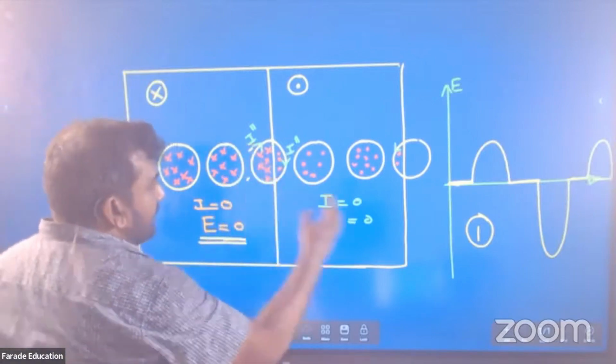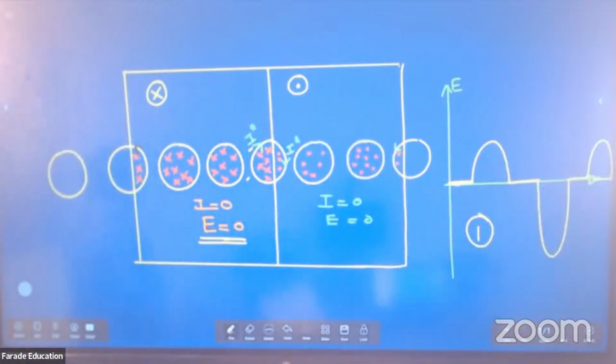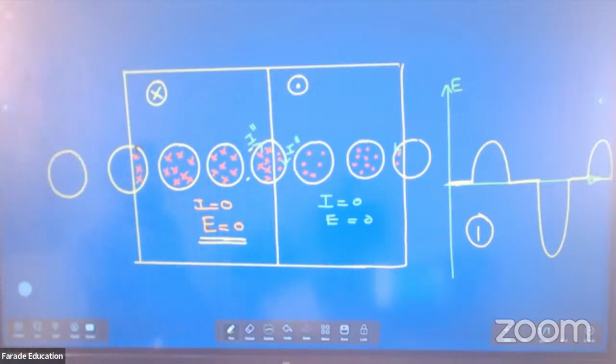Both are clockwise, so they will add and be larger.